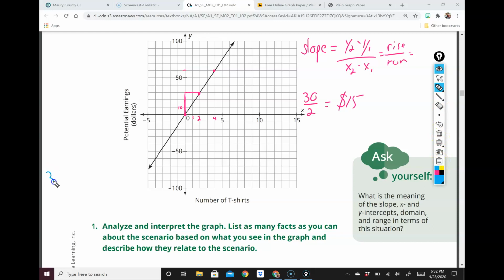So this is number 3. So we have the function ET. Our slope, our rate of change is $15. So 15 times t. My y-intercept is 0. So I could put plus 0, but we typically leave it off.